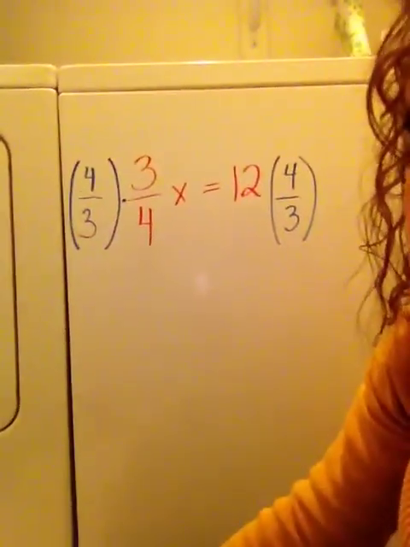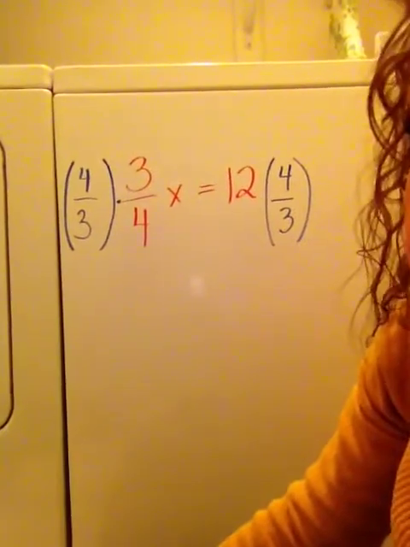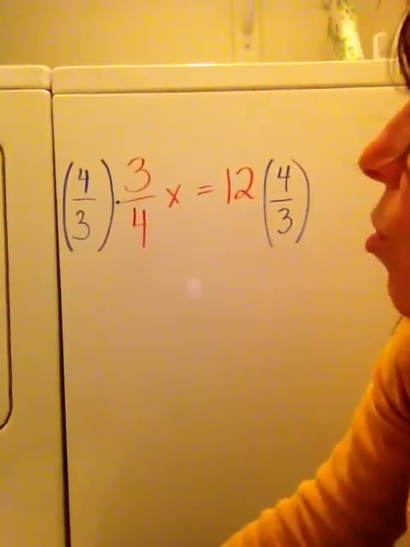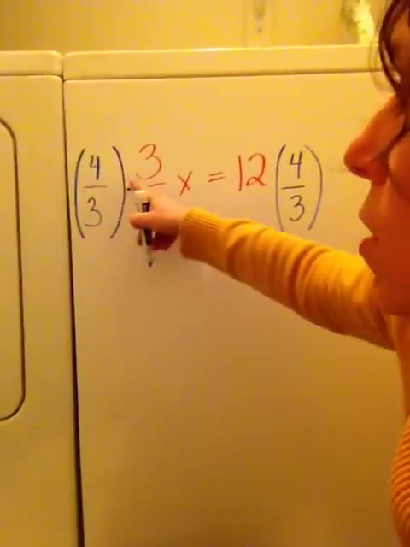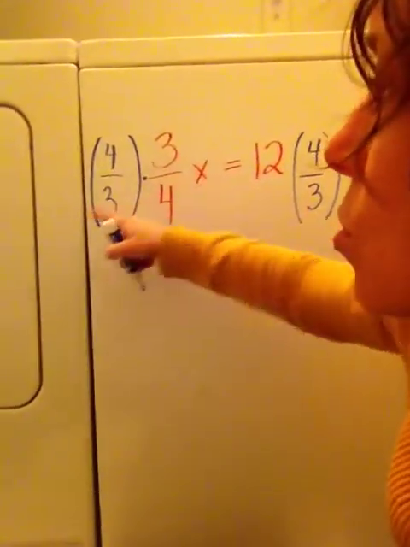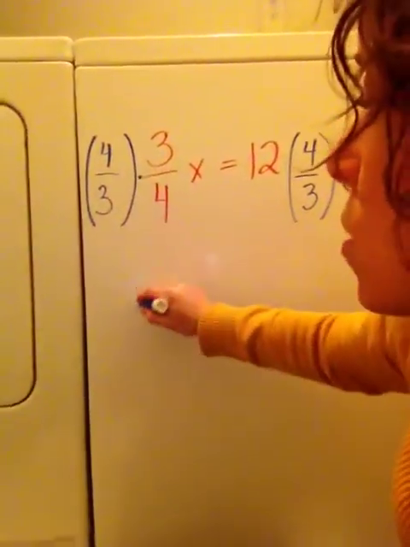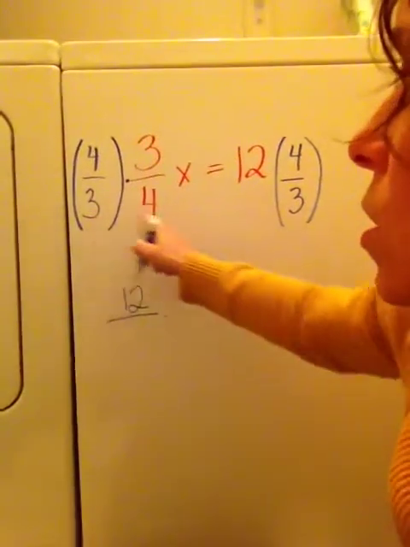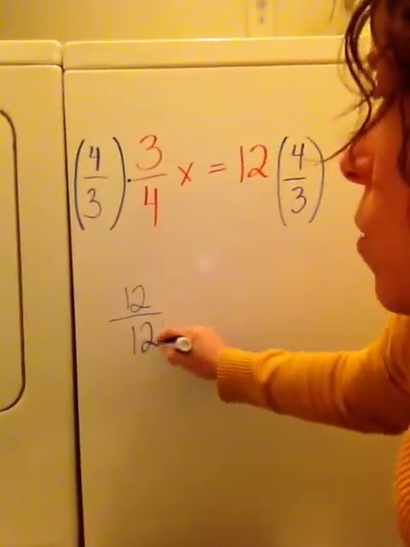Those will cancel each other out. If you're not comfortable with that, then you'll just multiply. When I multiply fractions, you just go straight across. 4 times 3 is 12. 3 times 4 is 12.